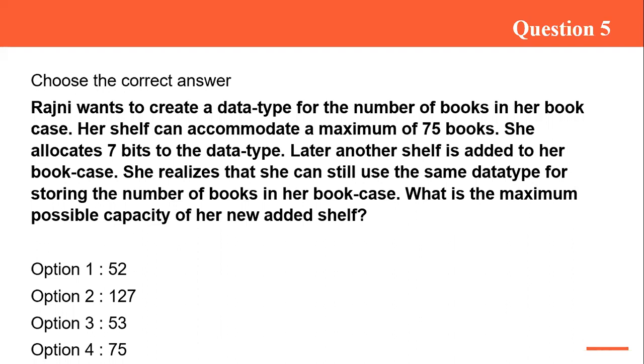Looks like you got the answer. Some says 127, some says 52. Okay. Read the question carefully. Understanding the question is something you need to do carefully. Answer is very simple. You can get the answer very easily. But understanding the question is something you need to be cautious about.